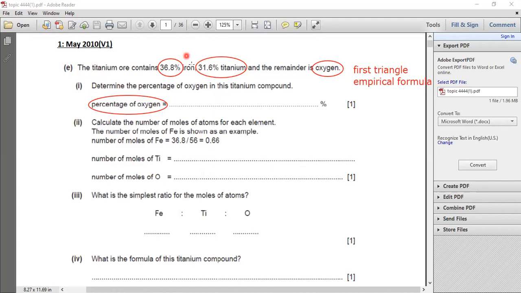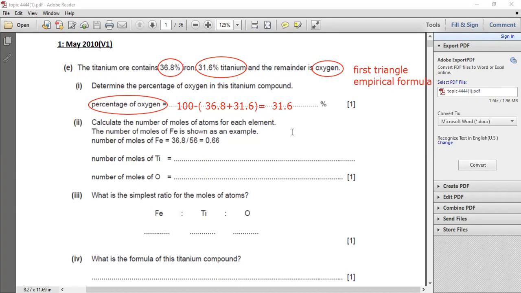That's okay. So, yes, exactly like what you said. The total of the compound is 100% minus iron 36.8 plus 31.6. I will add them together, then subtract from 100. So the answer, as you said here, 31.6.